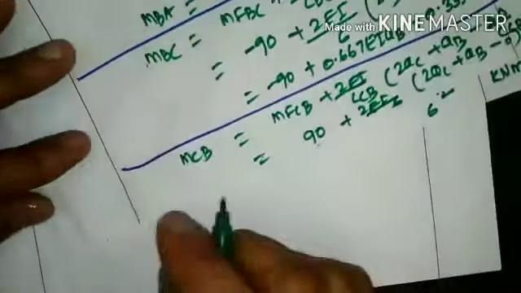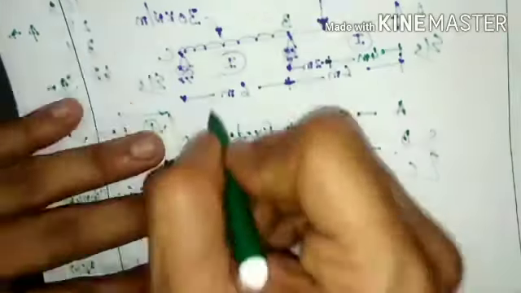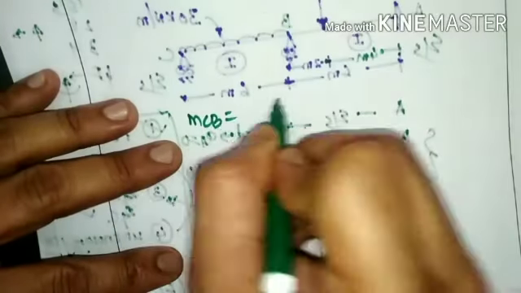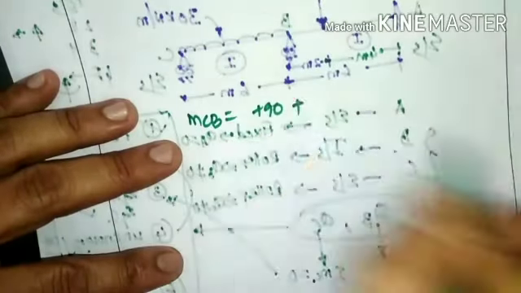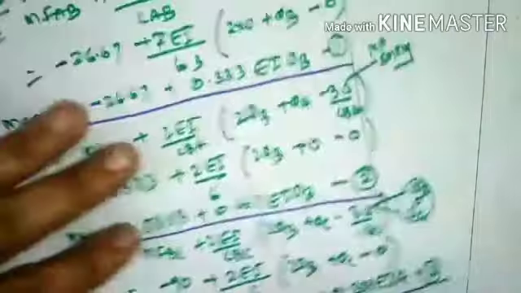So rearranging this equation, MCB value will be plus 90 plus 2 into 2 will be 4 divided by 6.